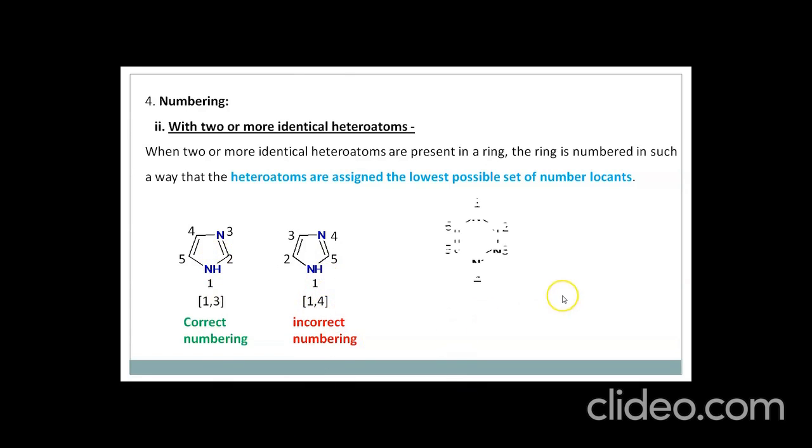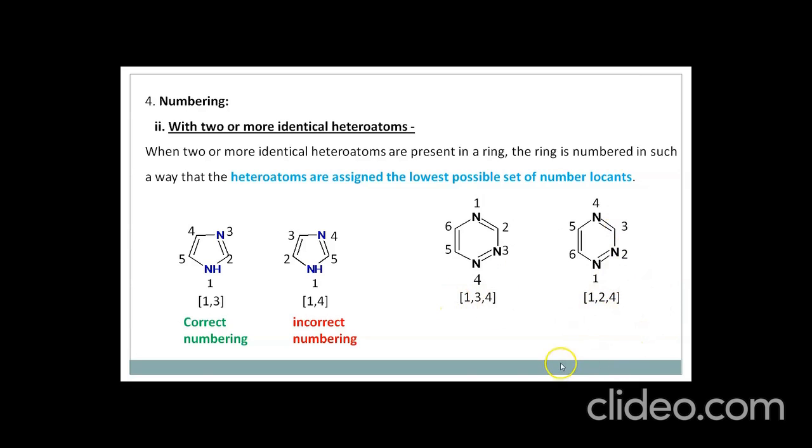Now take another example. Suppose I give this nitrogen 1, then 2, 3, 4, and also I give this 1, 2, 3, 4. If I give the numbering to this, then the heteroatoms have the numbering 1, 3, 4, and in this set they have 1, 2, 4.